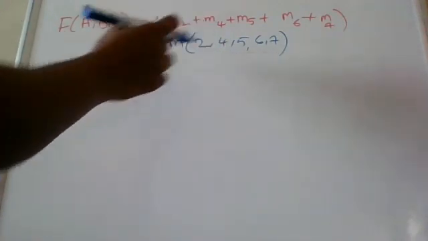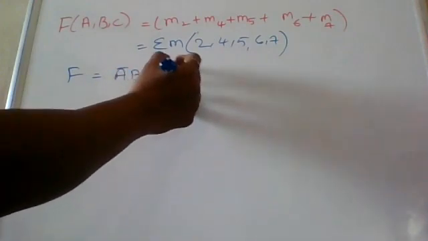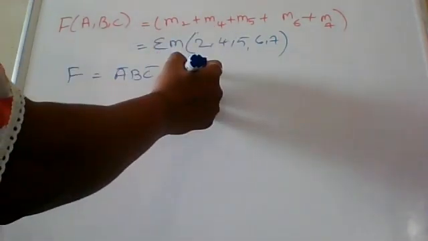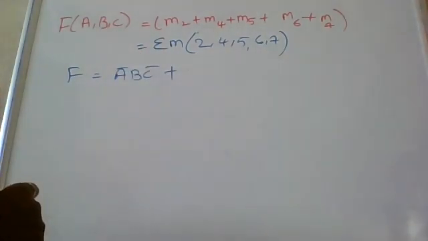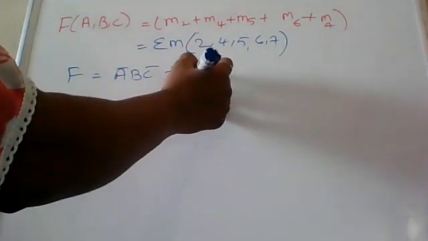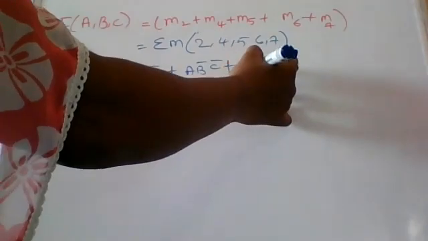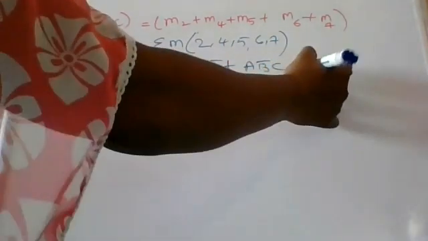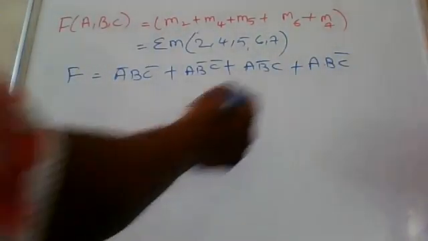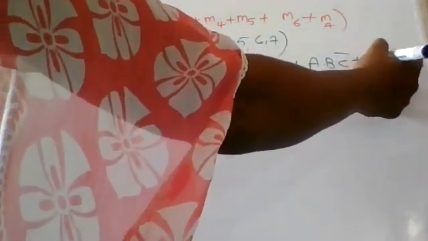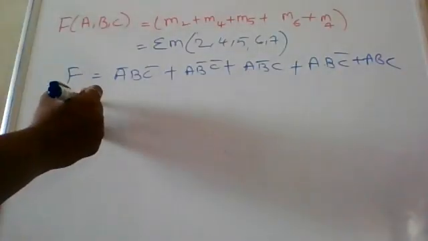M0, M1, M2, so the third one: M2 is A bar, B, C bar. M4 means A, B bar, C bar. Plus M5 means A, B bar, C, plus M6 is A, B, C bar, plus M7 is ABC.